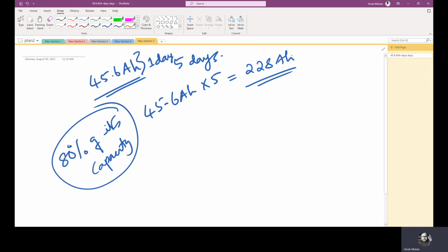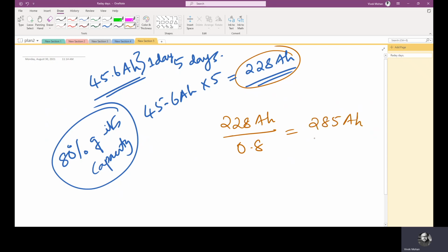Then this 228 Ah should be divided by 0.8 to get the total capacity of the battery for safe operation. So the minimal battery capacity for safe operation is 285 Ah. So this is the PV system design.